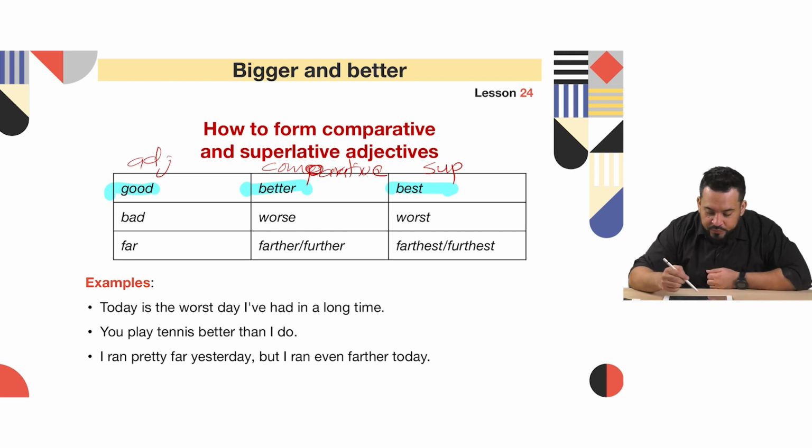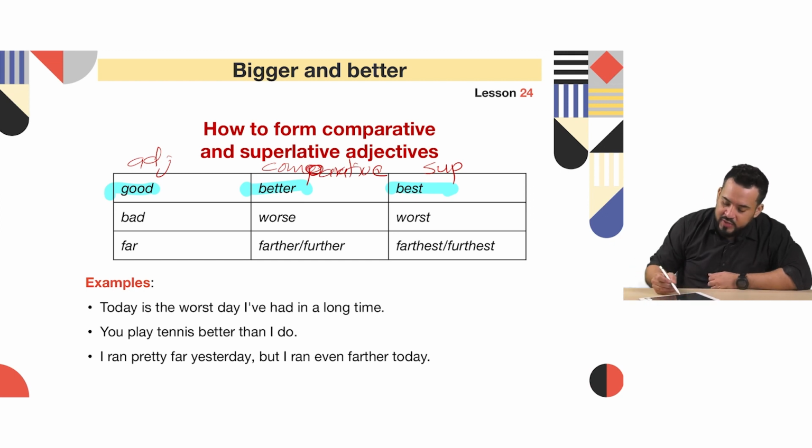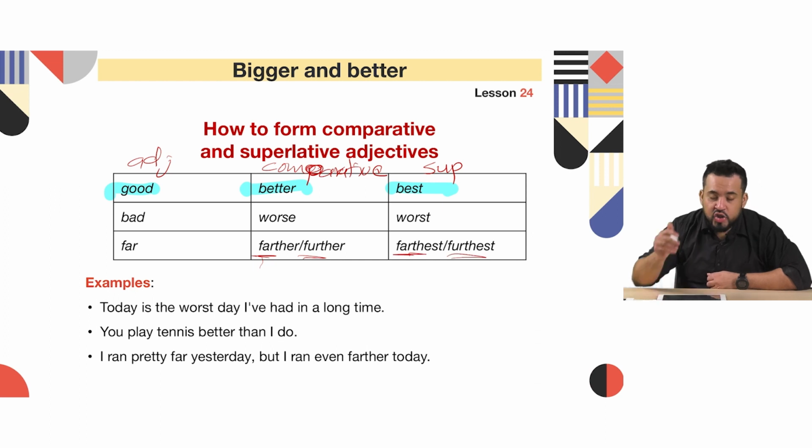Okay? So, good, better, best. Bad, worse, worst. Far, farther, farthest. You can either spell it with an A or a U, they're both correct. So, far, farther, farthest. Let's take a look at some examples.